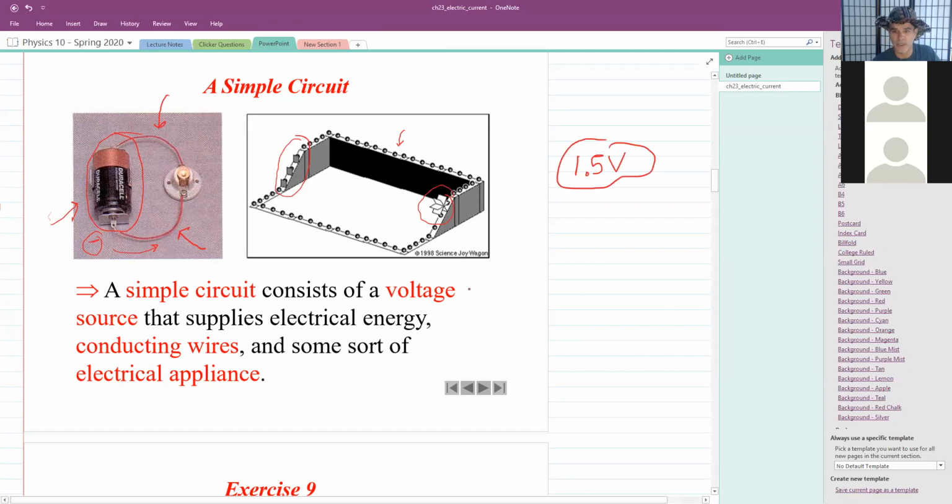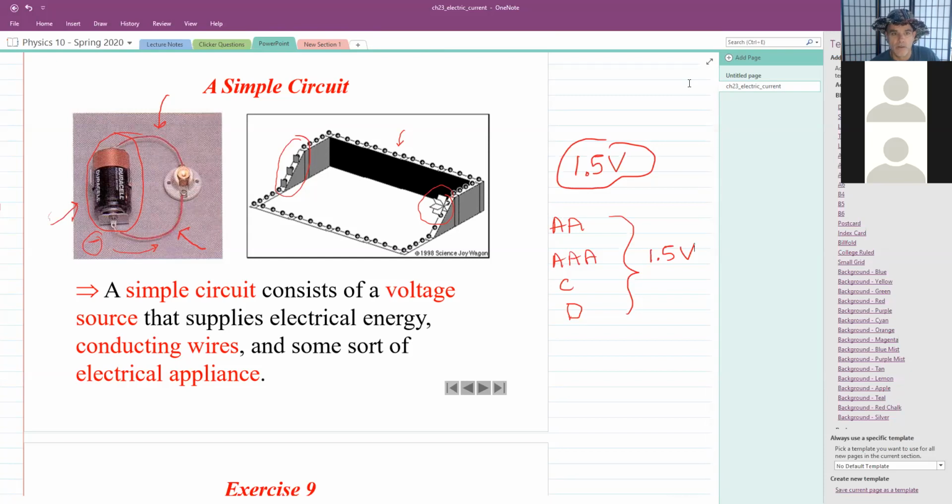These are all 1.5 volt batteries, meaning they all supply the same amount of voltage or potential difference. The only difference between a AA, a AAA, a C, and a D battery is how much energy they're storing. So a D battery is still providing 1.5 volts as a AAA. It's just the D battery is going to last much, much longer. Just a little side point.